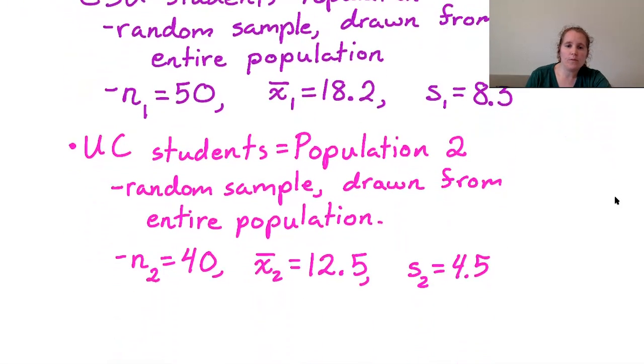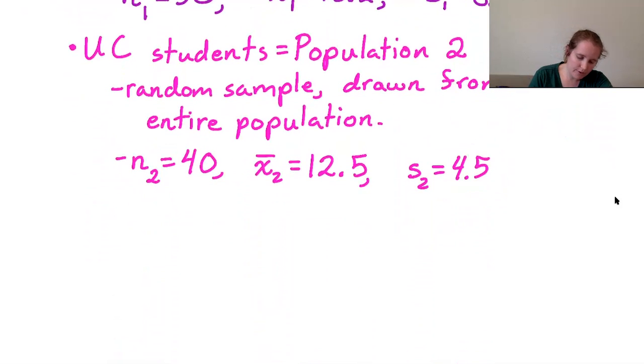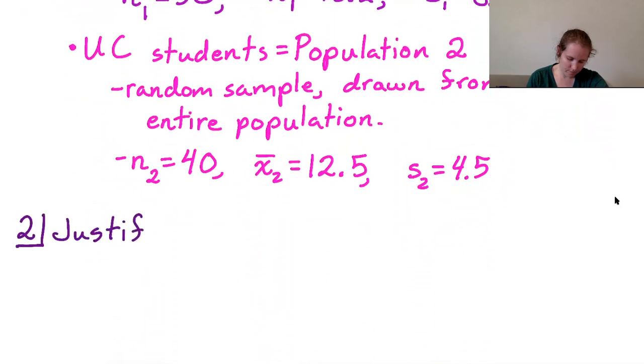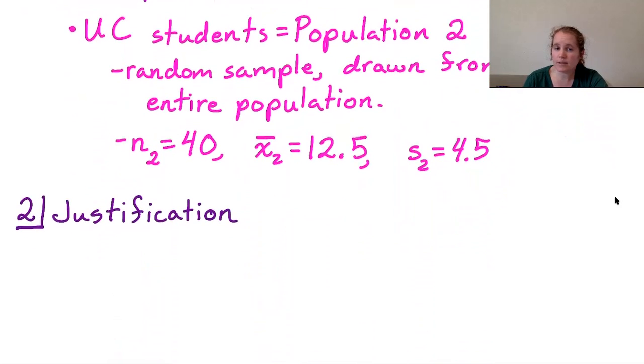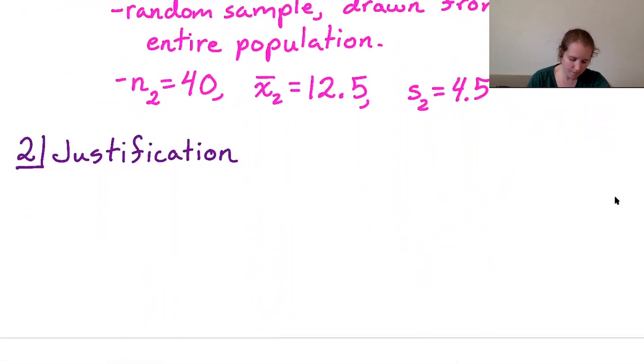All right, from here, confidence intervals, the very next thing is simply to justify. So our justification, we need a good sampling technique for both samples.